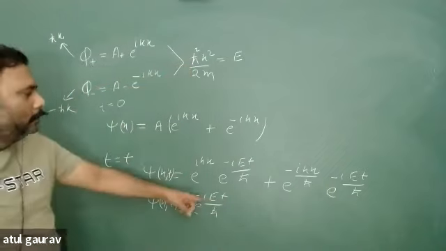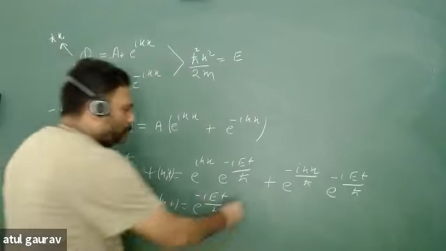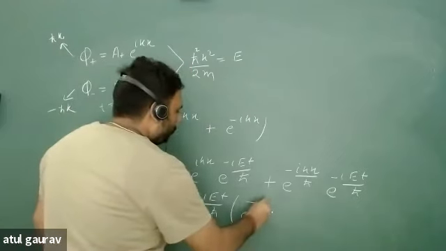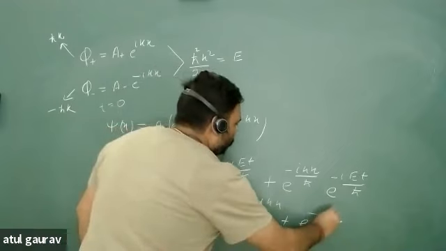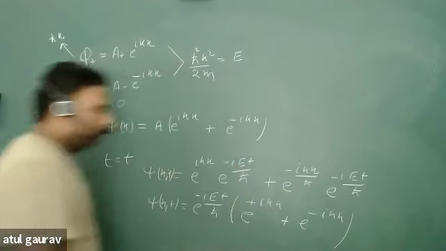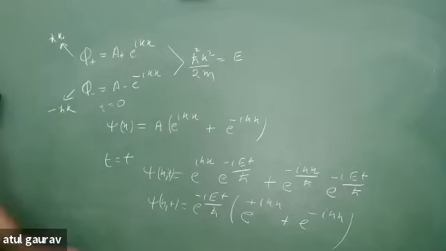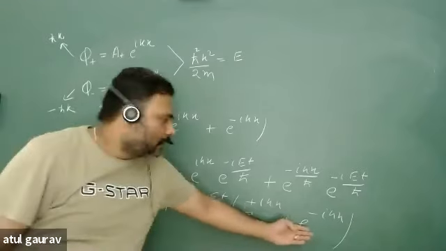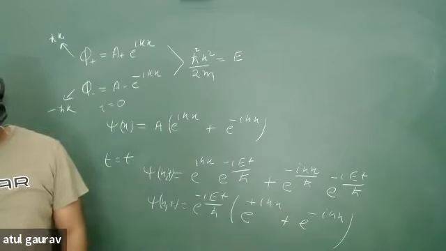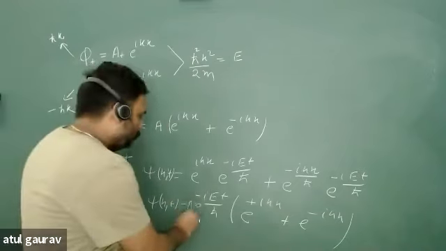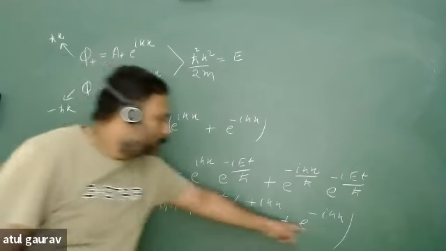I am not writing the h square again and again, it will just make it clumsy. So what I can do, I can write this function as a cos function, and a is also there, isn't it? So can I write this function as a cos function?